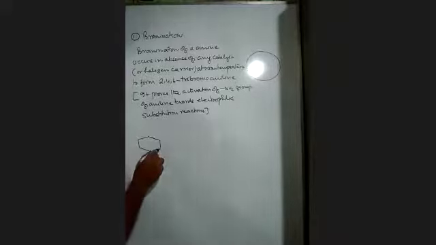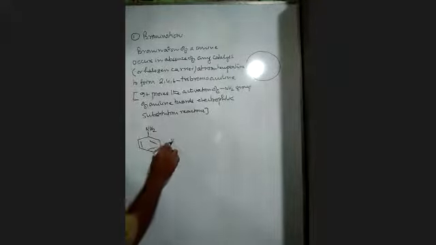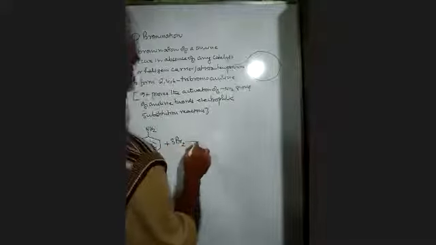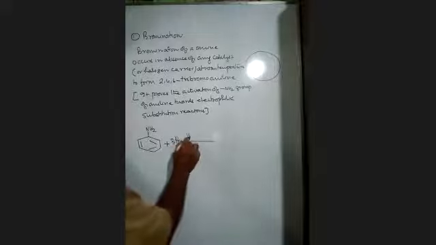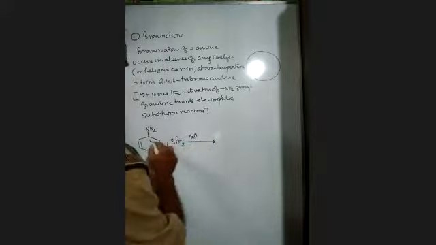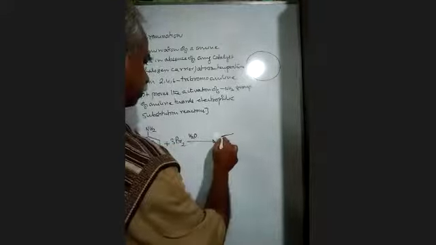I don't know whether most such questions will be asked or not. So NH2 plus 3Br2. We go for bromine water, or you can do it in non-polar solvent also. But in water the reaction is very fast, polar medium.